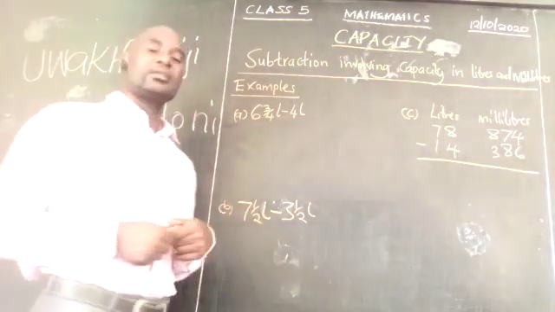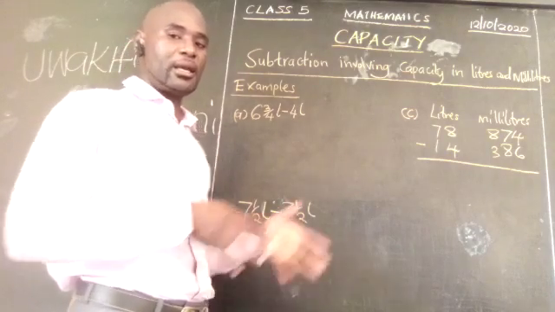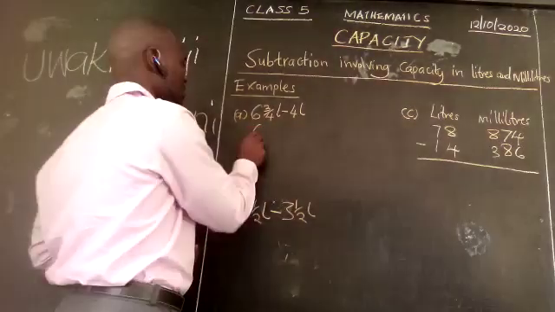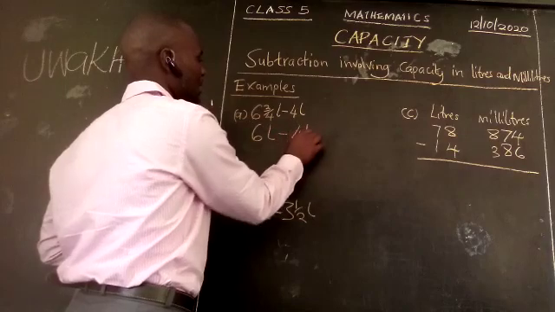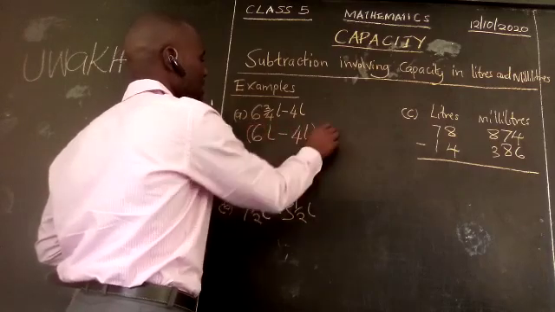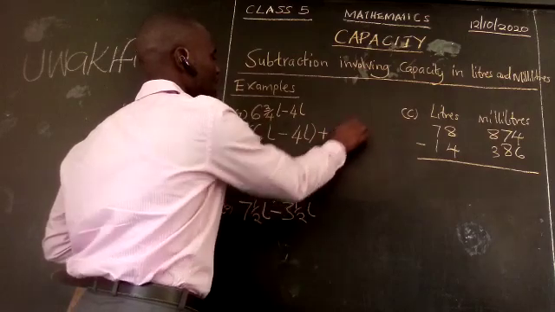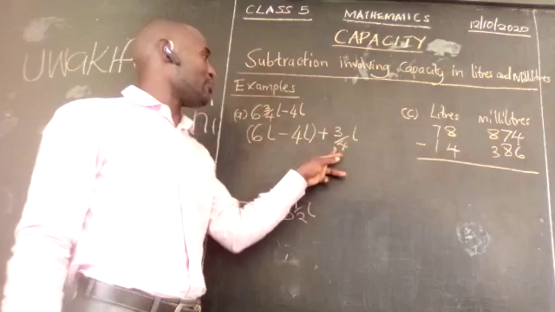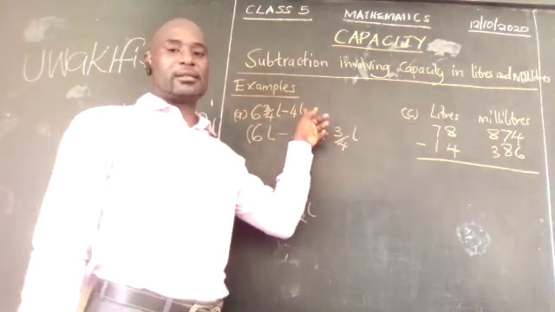We shall carry out subtraction of whole numbers and fractions. So we shall say now it is 6 liters, subtract 4 liters, add 3/4 liters. We are adding 3/4 liters here because we don't have a fraction on 4 liters.